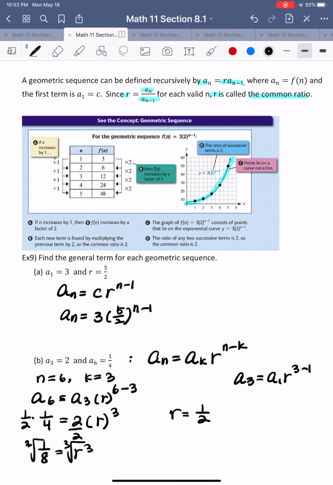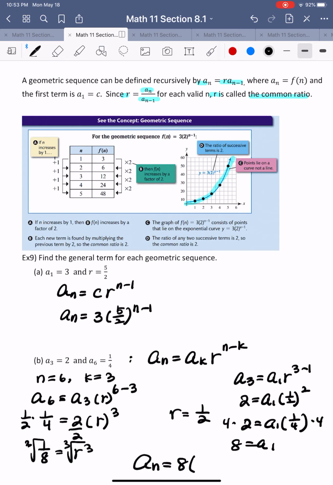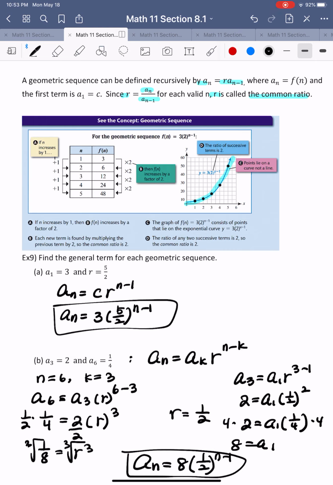A sub 3 is 2, and r is 1/2, squared. So 2 equals a sub 1 times 1/4, and multiplying both sides by 4, 8 equals a sub 1. So a sub n is now 8 times 1/2 to the n minus 1. So this is the general term for problem B.